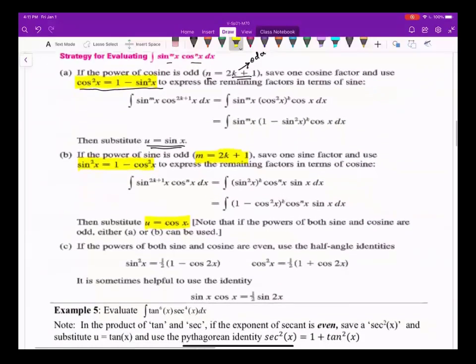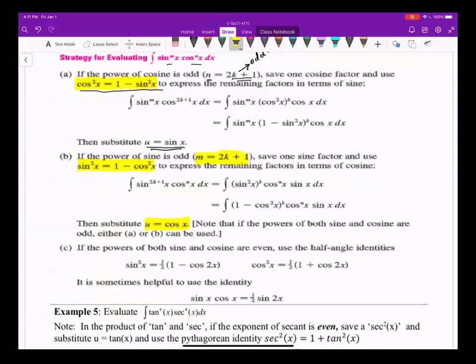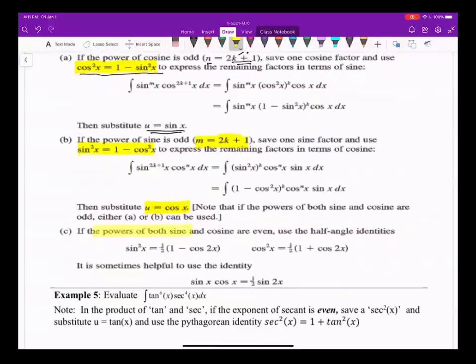Next, what happens if the two exponents, both of them, are even? If the powers of both sine and cosine are even, then we would be using the half angle identities from trigonometry. Sine square x equal to 1 minus cosine of 2x over 2. Then cosine square x equal to 1 plus cosine of 2x over 2.